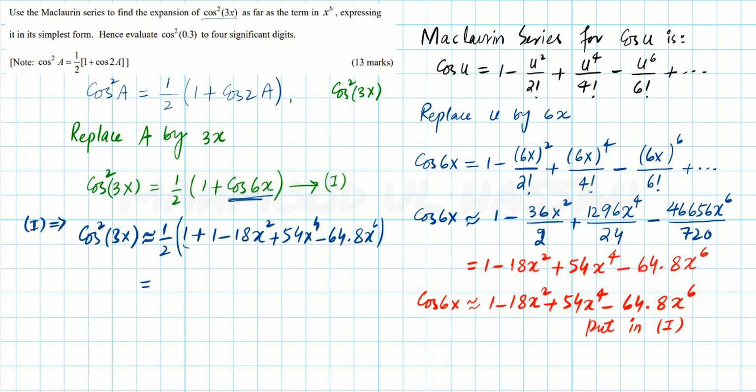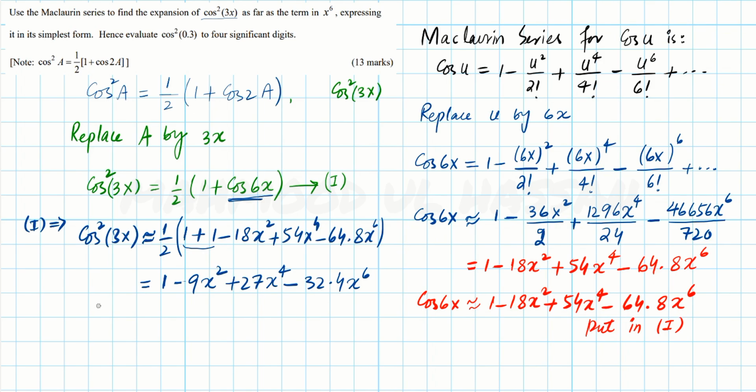So here 1 plus 1 is 2 and 2 divided by 2 is 1, minus 18 divided by 2 is 9 x squared, and 54 divided by 2 is going to be 27 x to the power 4, and minus 64.8 divided by 2 is 32.4 x to the power 6.